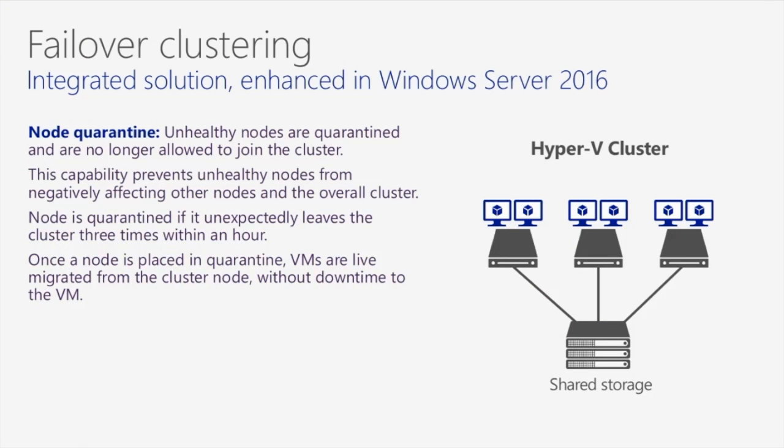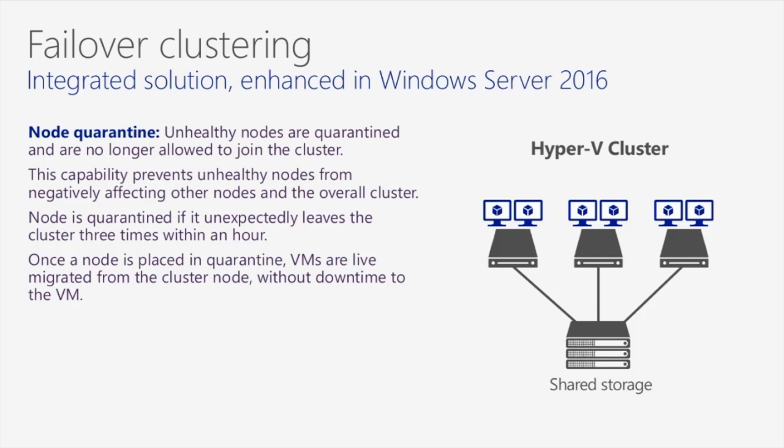The third investment is a feature I really like. It's a feature called Node Quarantine. So I talked about these network outages and storage outages being the most common cases that we heard about. While not a common case, a case that we encountered, and it was really interesting, was we ran across customers where they had a single node in a cluster that had a piece of faulty hardware.